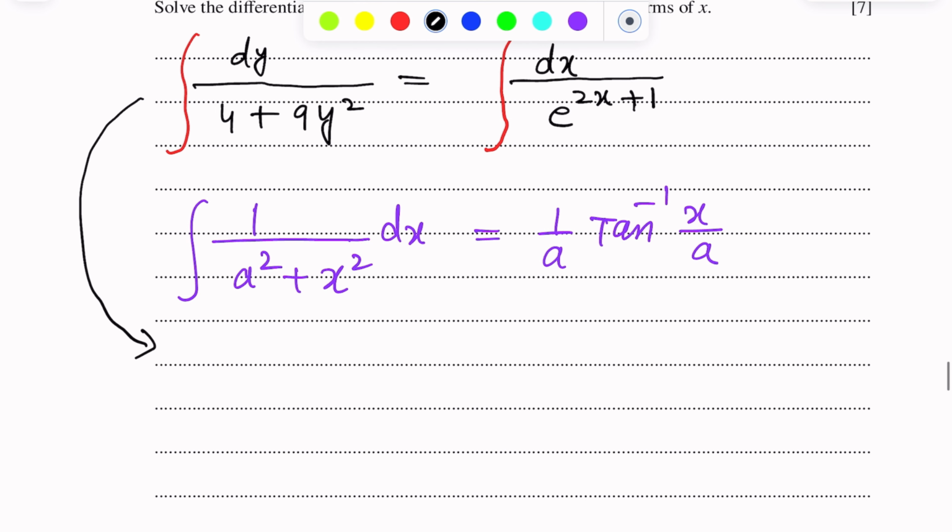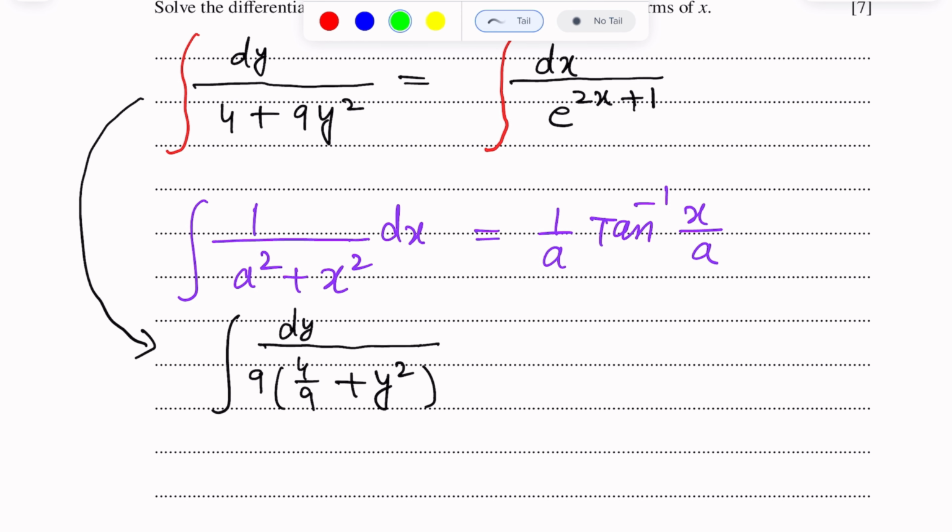Then the left hand side will be dy over 9 into 4 over 9 plus y square. We are making this form of the general formula.